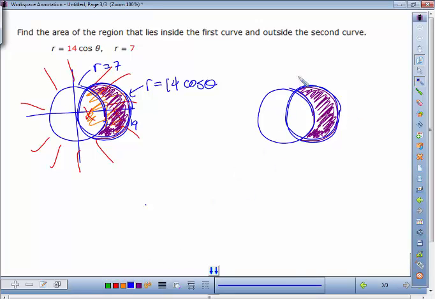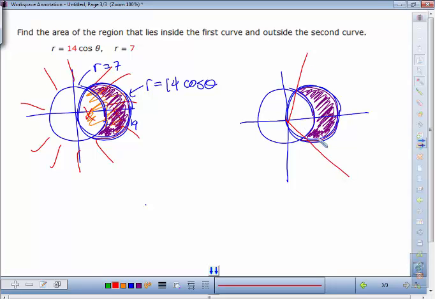So out of this, what we need are a couple of angles. We need to figure out where they intersect so that we know when to start and stop our integral.